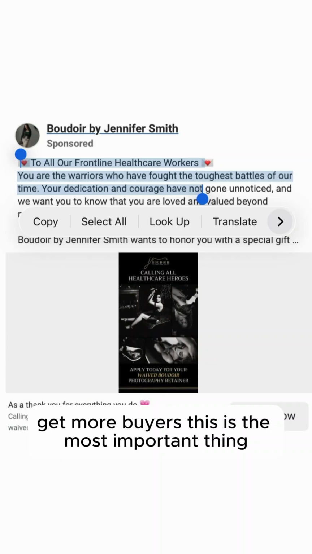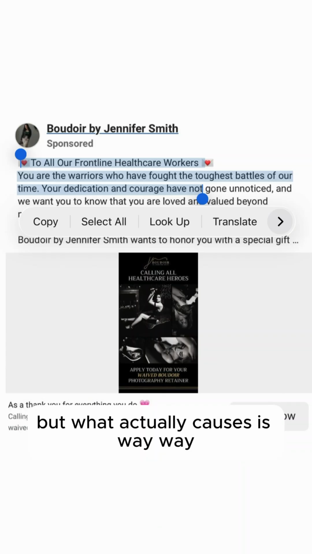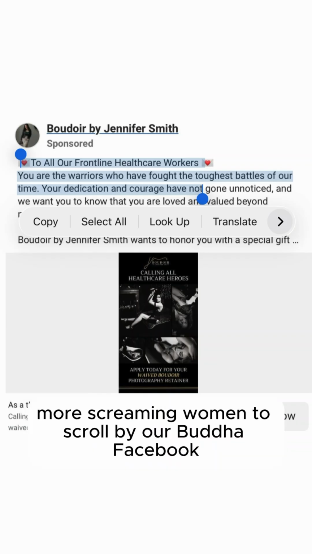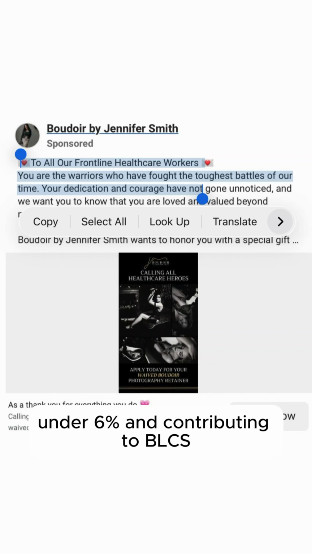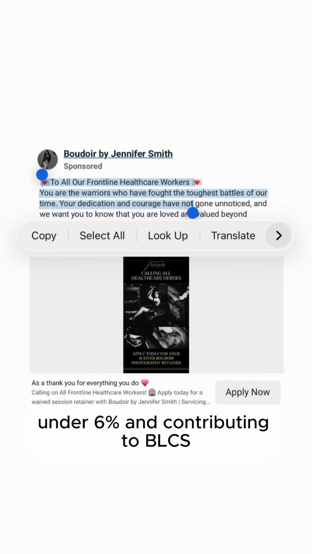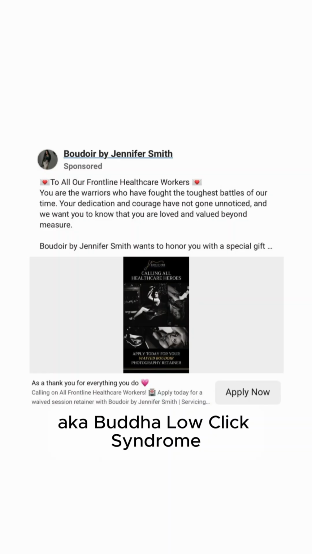This is the number one most important thing to bring in more buyers. But what it actually causes is way more women to scroll by our Boudoir Facebook ad than necessary, lowering our unique CTR, bringing us under 6% and contributing to BLCS, aka Boudoir low click syndrome.